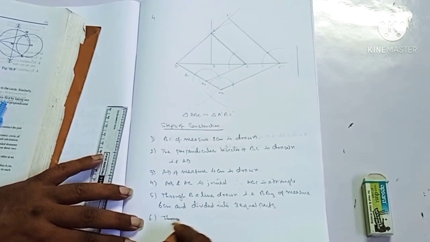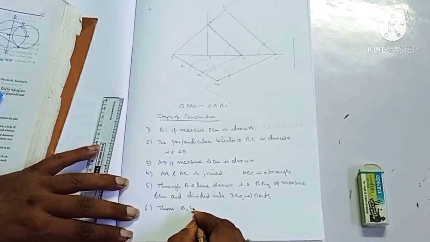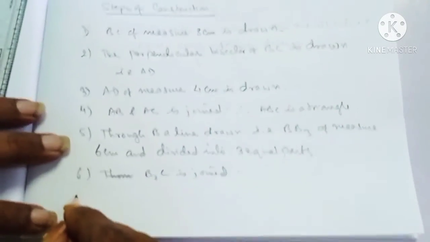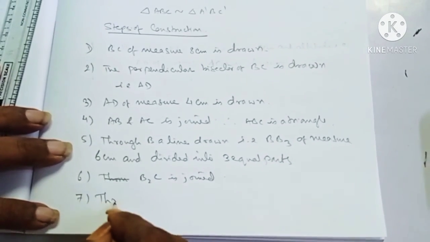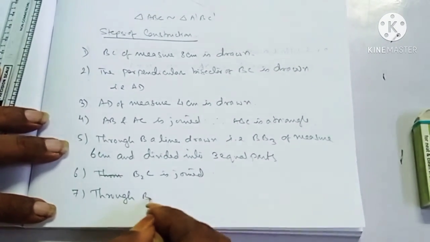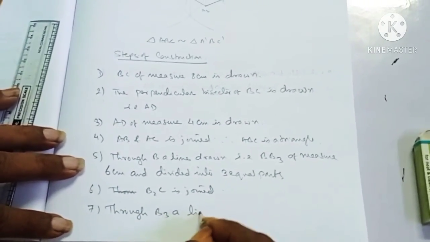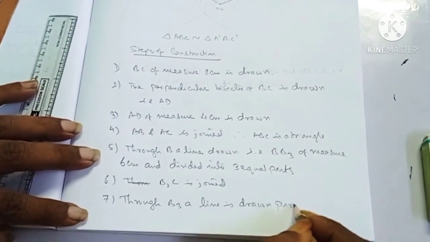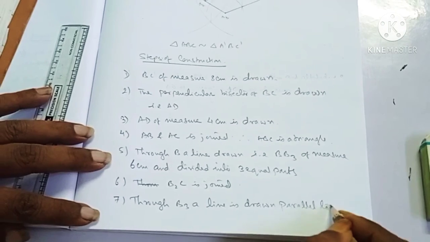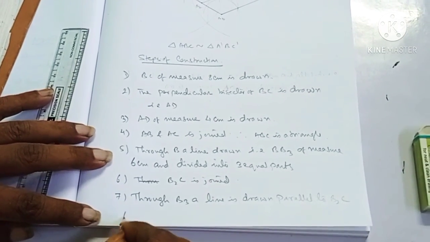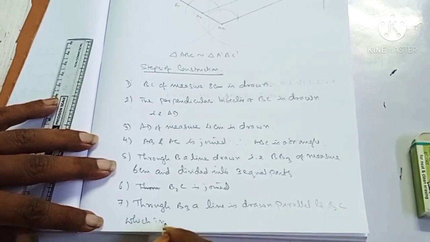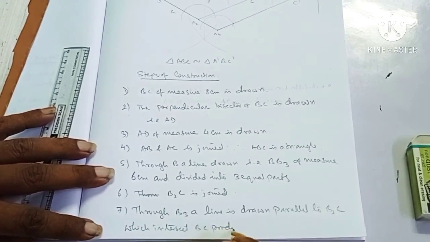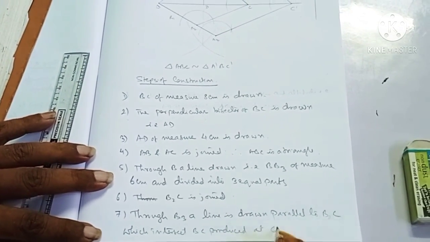Now B2C is joined. Through B3 a line is drawn parallel to B2C, which intersects BC produced at C dash.